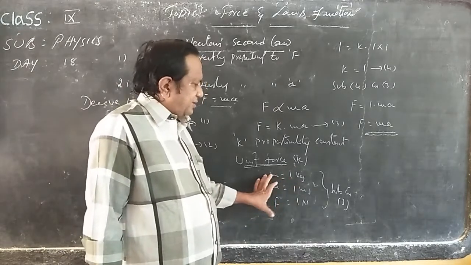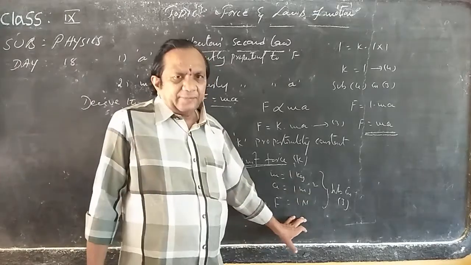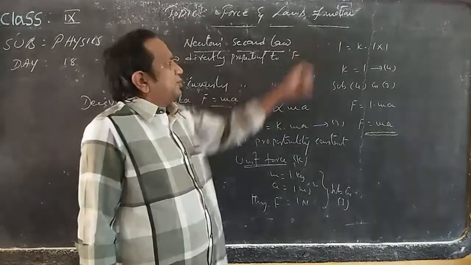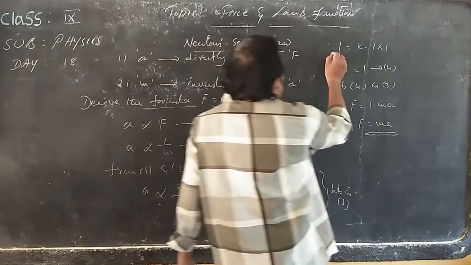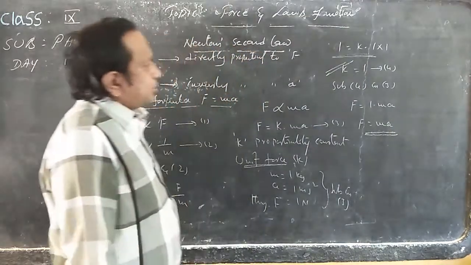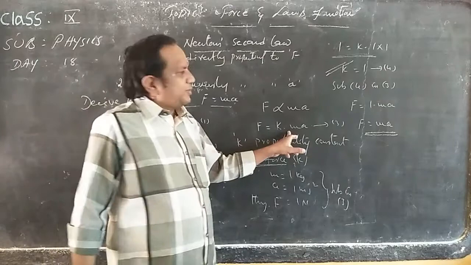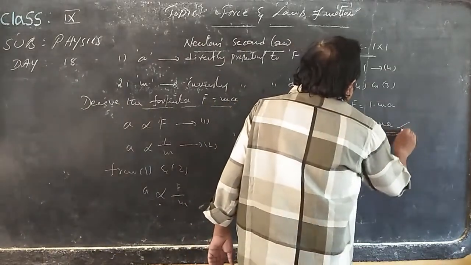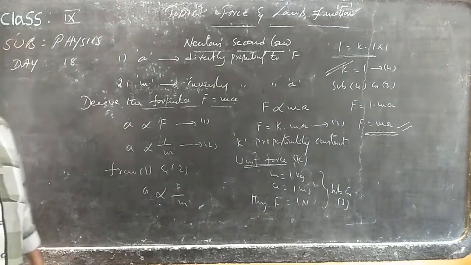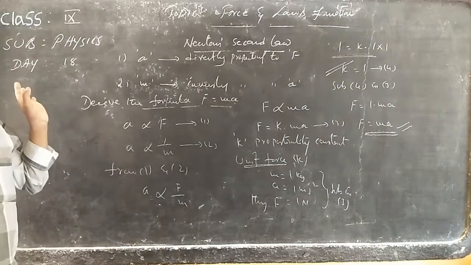Substituting M equal to 1 kilogram, A equal to 1 meter per second square and F equal to 1 in F is equal to kMA, we get k equal to 1. Substituting k equal to 1, we get F is equal to MA. So that's the relation between force, mass and acceleration.